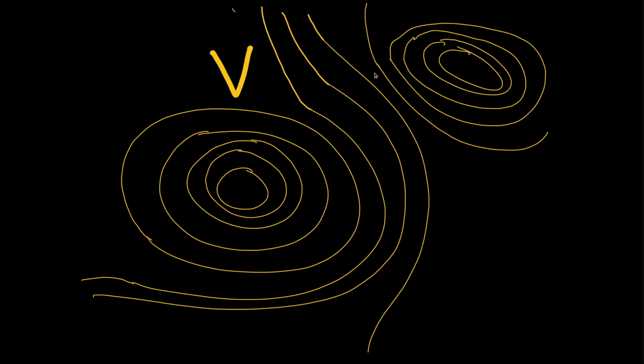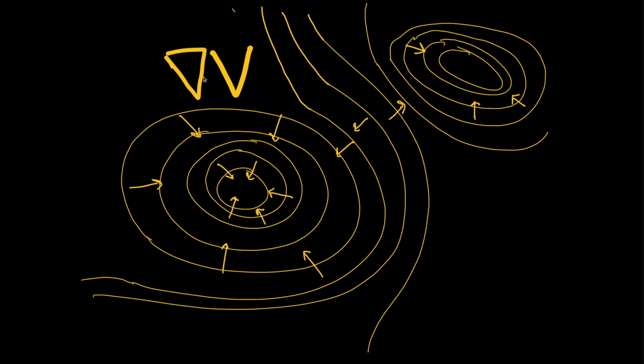We will only be working in 2 dimensions. So at each point in 2 dimensions, there's some kind of height associated with it. One way you can plot this is these contour lines, where the height is constant along each line. If you think about the gradient of V, then instead of a height at each point, we have a 2-dimensional arrow.